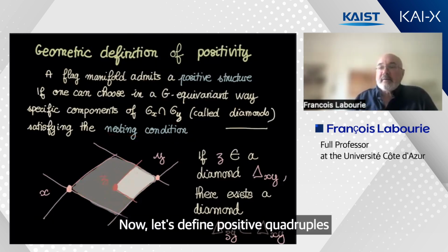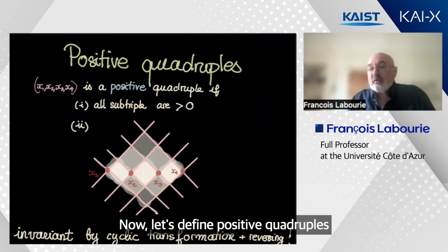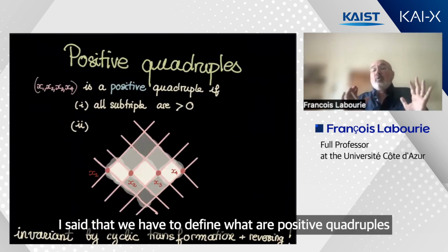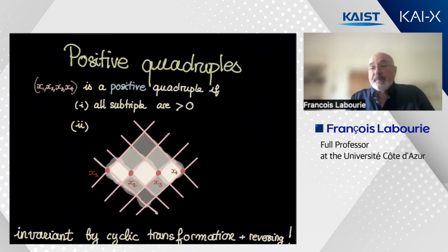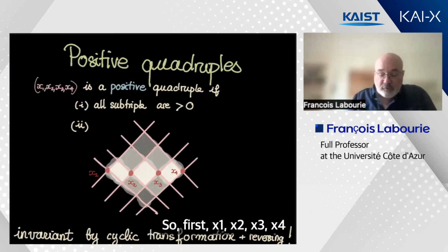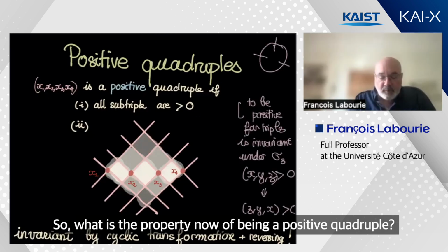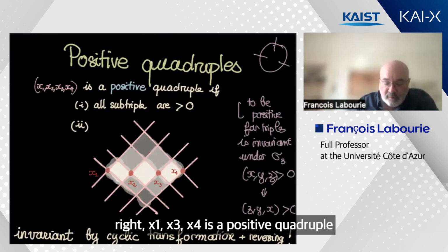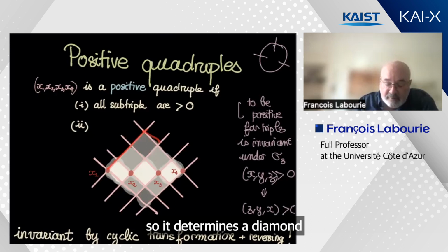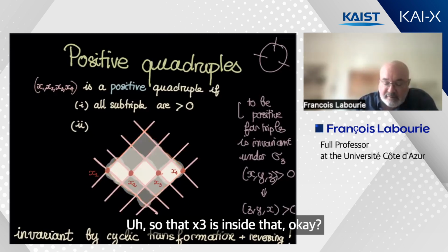Now let's go back to positive quadruples. I said that we have to define what positive quadruples are. So take x1, x2, x3, x4. The first condition is that all subtriples are positive. Then x1, x3, x4 is a positive triple, so it determines a diamond, and x3 is inside that.